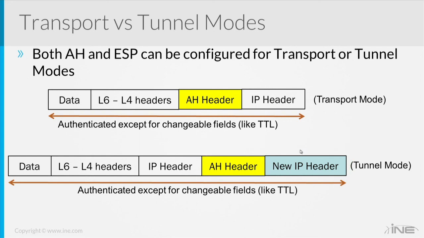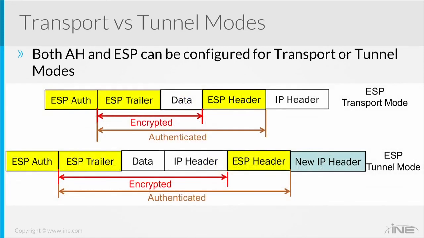Lastly, just by comparison, if I was doing encryption with encapsulating security payload, it would look like this. So here with ESP in transport mode, my original IP header is left exposed, unchanged. I put an ESP header after that. Now ESP also uses a trailer and a special ESP authentication field.